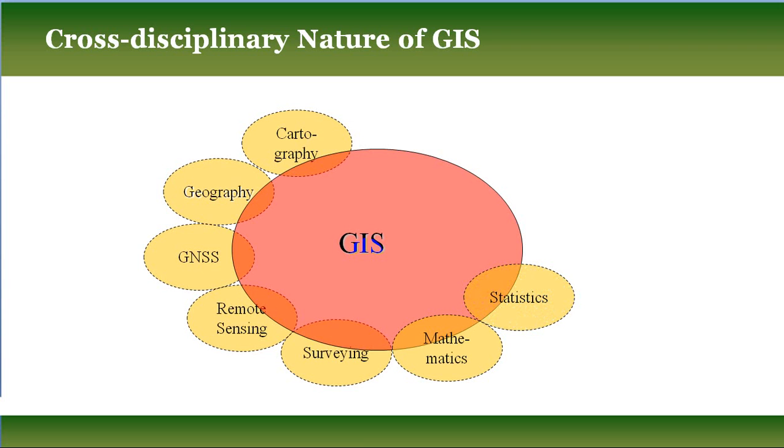Statistics. You have already heard about geostatistical analysis. In GIS, when you have locational data, from this locational data we can perform different types of statistical analysis. And by doing statistical analysis, a lot of inner meaning of the data we can easily extract.